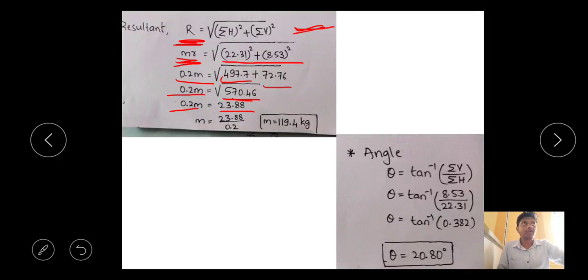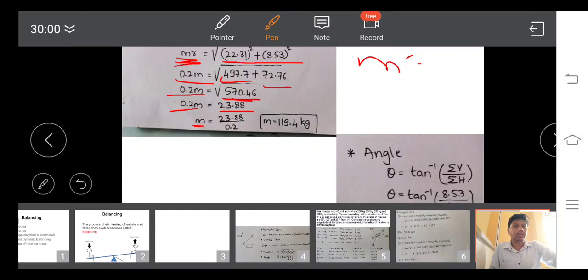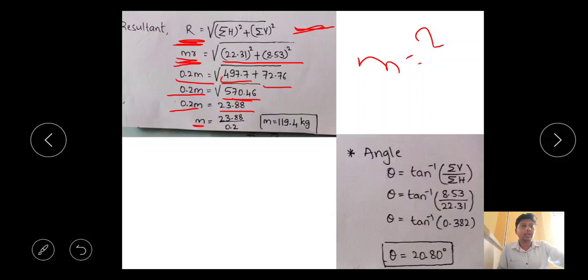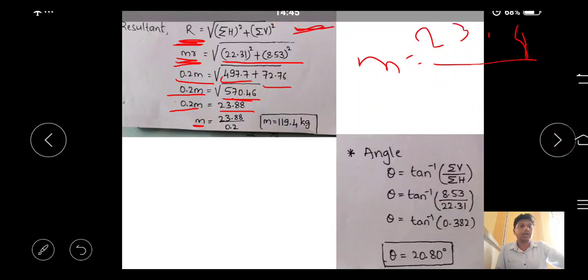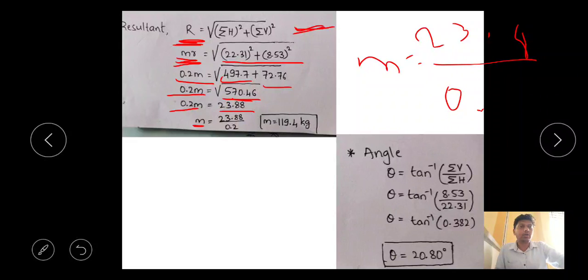Now if you want mass m, then 0.2 you send to this side, and when it goes to this side, it goes down. So m becomes 23.88 divided by 0.2.